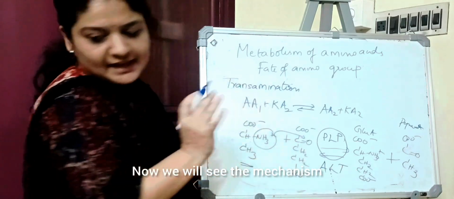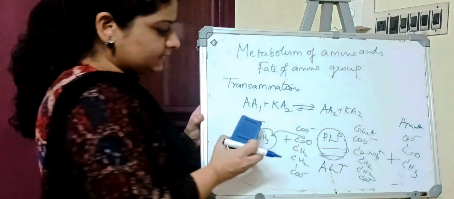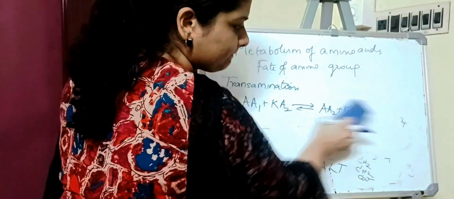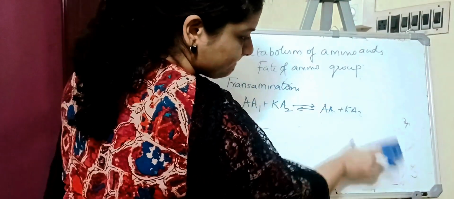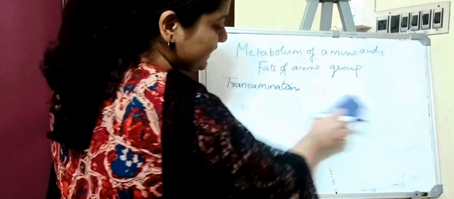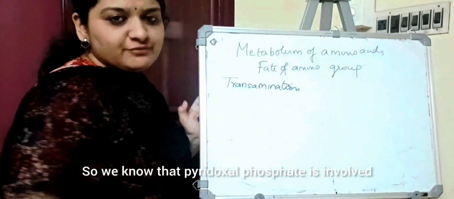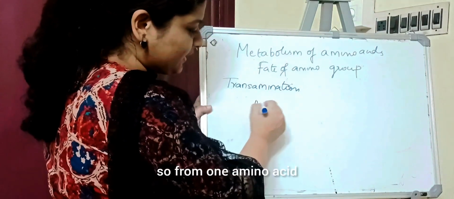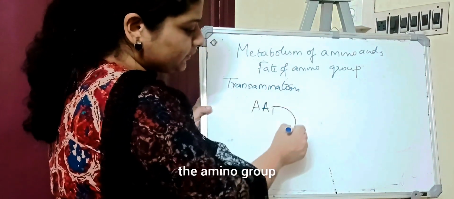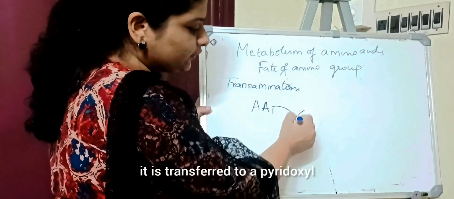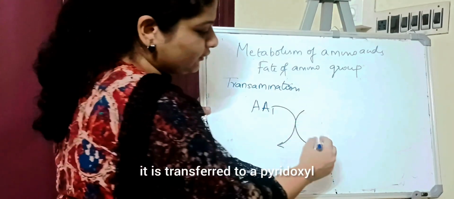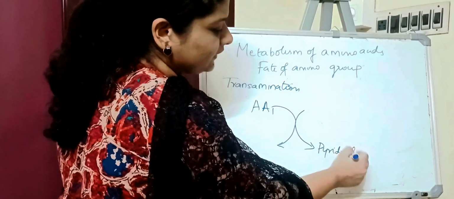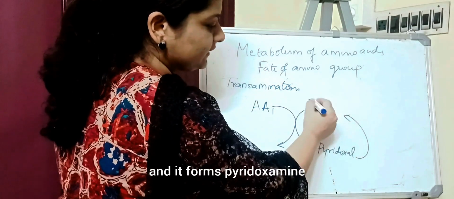Now we will see the mechanism. We know that pyridoxal phosphate is involved. From one amino acid, the amino group is transferred to the pyridoxal form and it forms pyridoxamine.